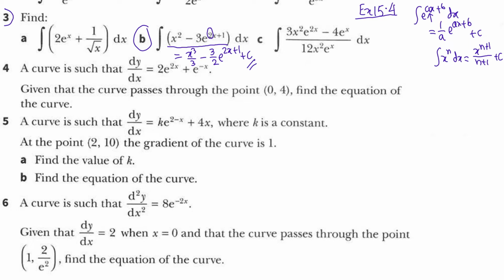If we choose question number 3c, we need to first write the expression separately. It is written here 3x squared e^{2x}. Easily you can write it by dividing with 12x squared e^x, then with a minus sign 4e^x. We are going to write separately first 12x squared e^x.